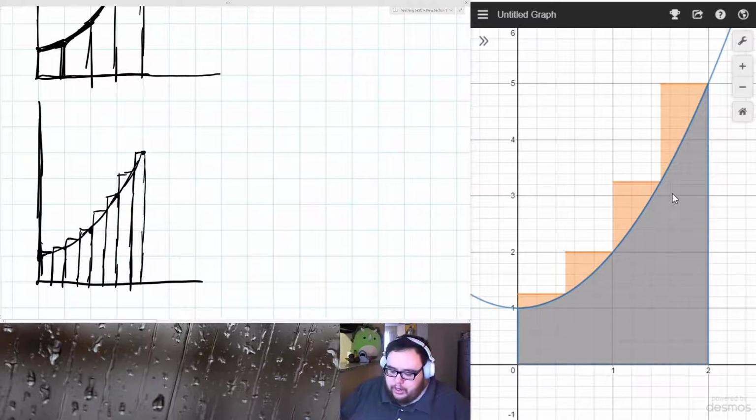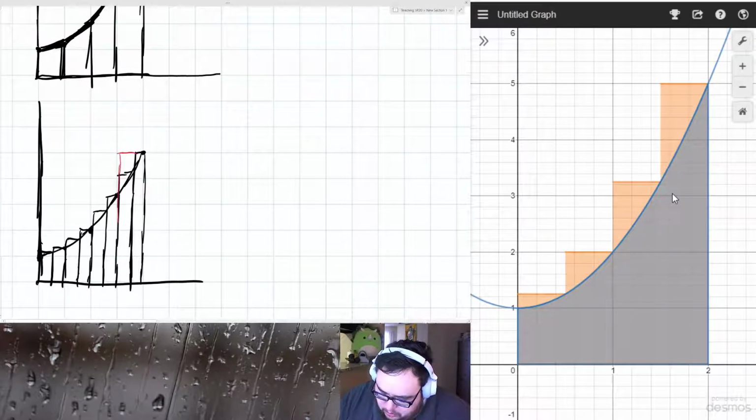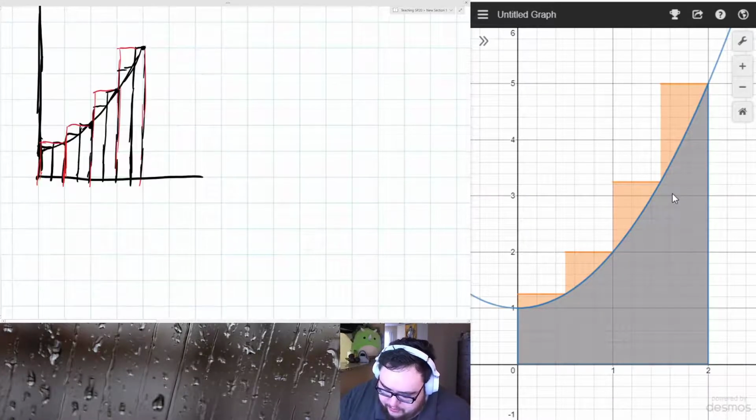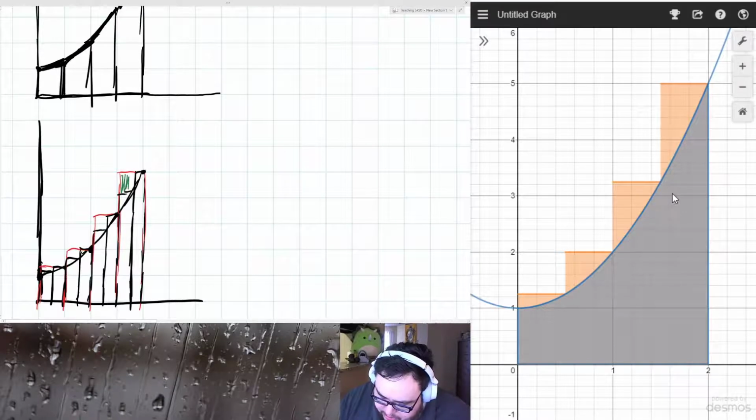This is still an overestimate, but it's significantly less of an overestimate, right? Our previous right-hand sum looked more like these red lines. So we're closer to what the actual answer is because we've cut out this stuff here, right?